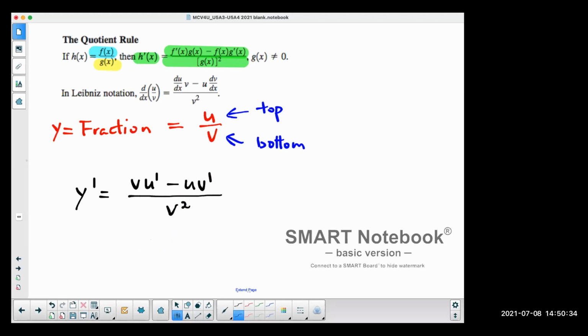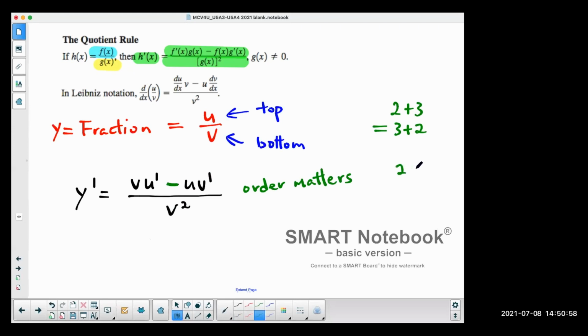The problem with quotient rule is it's a subtraction. And whenever you subtract, the order matters. When you add, order doesn't matter. 2 plus 3 is equal to 3 plus 2. So product rule, it doesn't matter. Even if you flip the orders, there's no big deal.